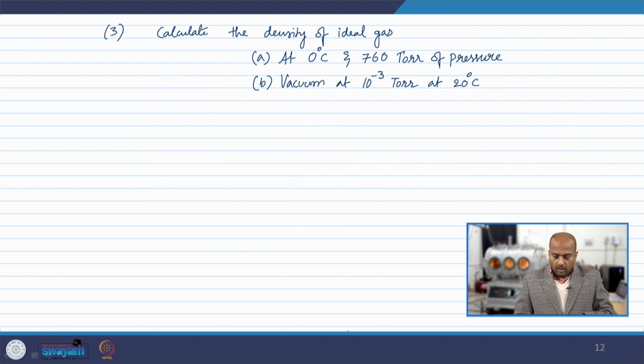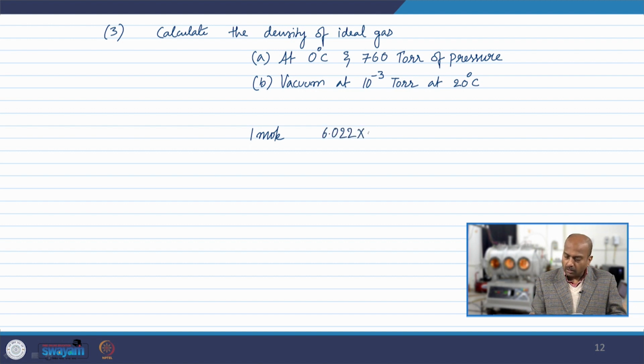Okay. What have we been given? We have been given the temperature at 0 degree Celsius and at 20 degree Celsius, and we have also been given the pressure, 760 torr. So, we know that under standard temperature and pressure, STP conditions, 1 mole of an ideal gas contains nearly 6.022 times 10 to the power of 23 molecules, right, which is called the Avogadro number.